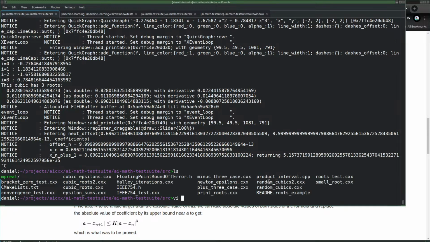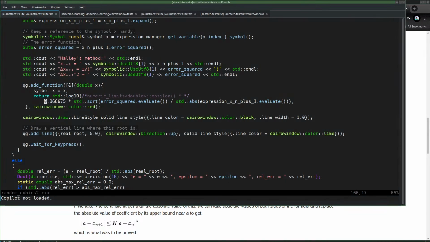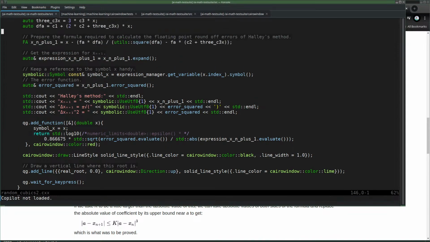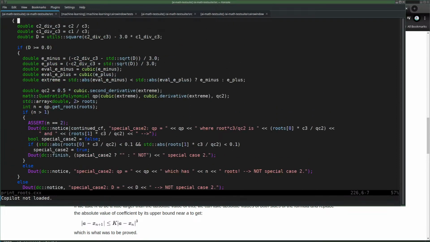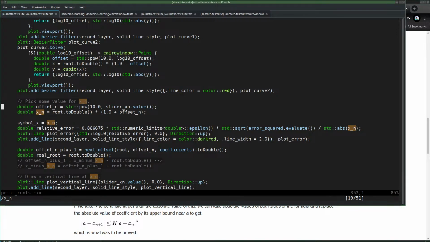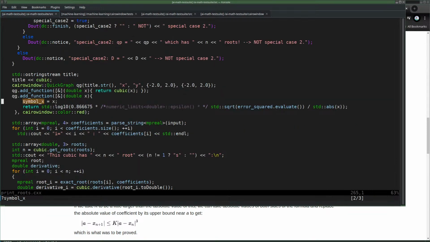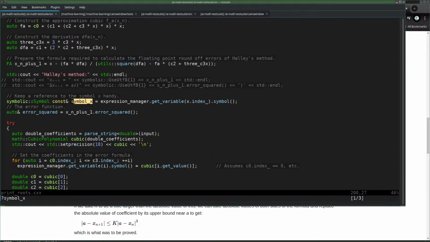Let's do the same thing with print roots. So we're having something like xn plus 1, and I need to do this. There it is.